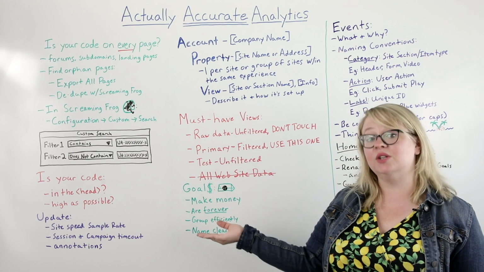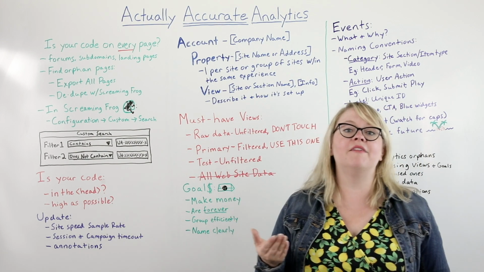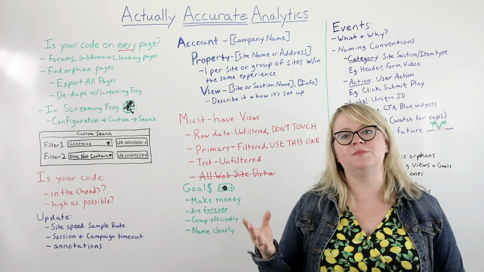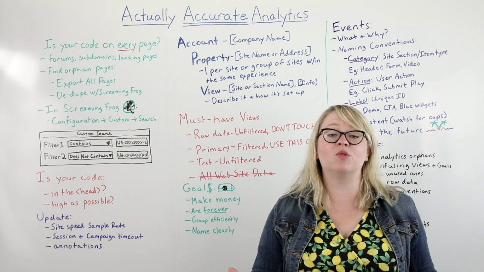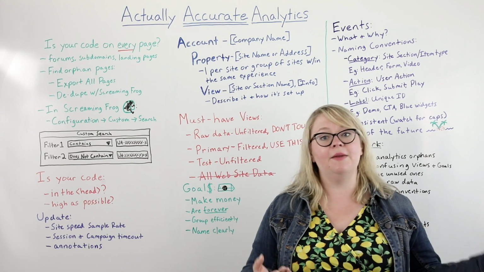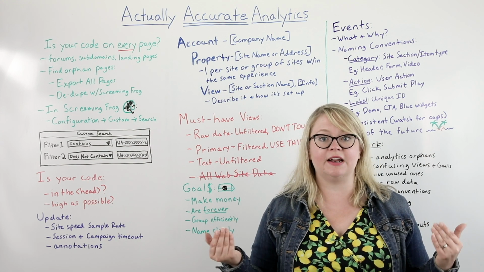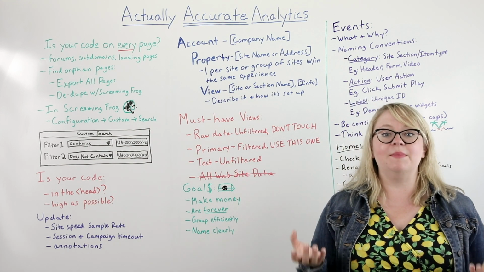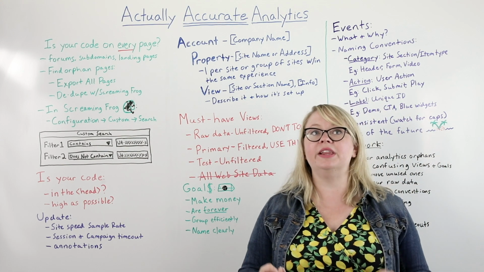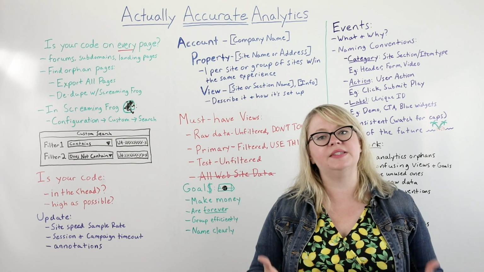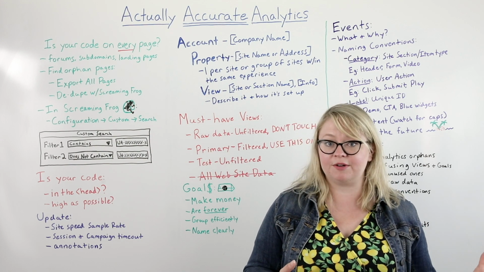And unless you're annotating carefully, you may not have a good idea of when this goal switched from tracking one thing to tracking another thing. This is a huge problem when it comes to data governance and making decisions based on historical data. The other problem is you have a limited number of goals. So you need to be really thoughtful about how you set up your goals because they're forever.